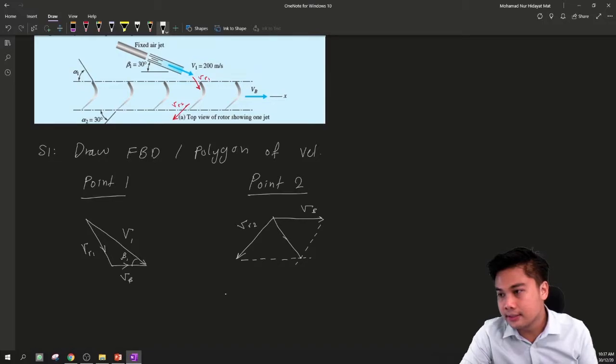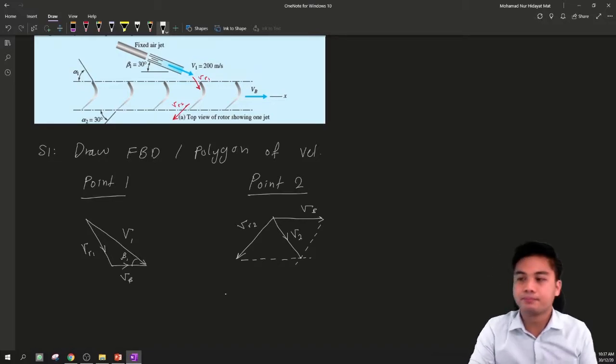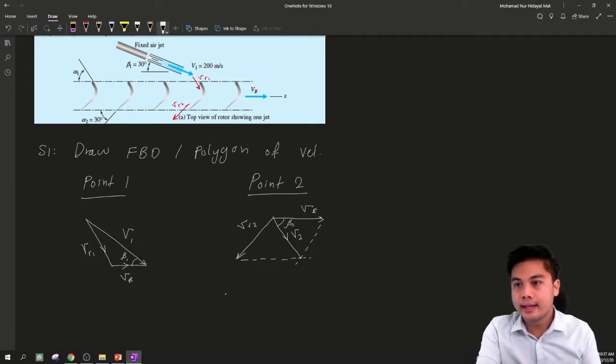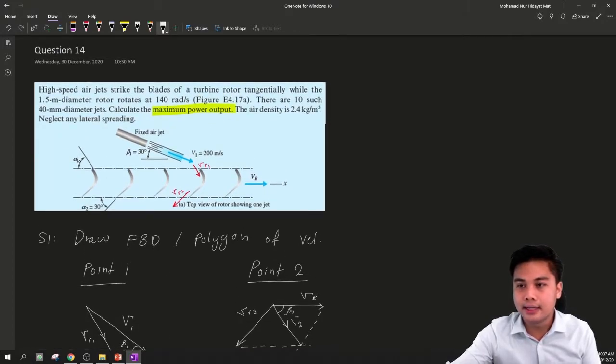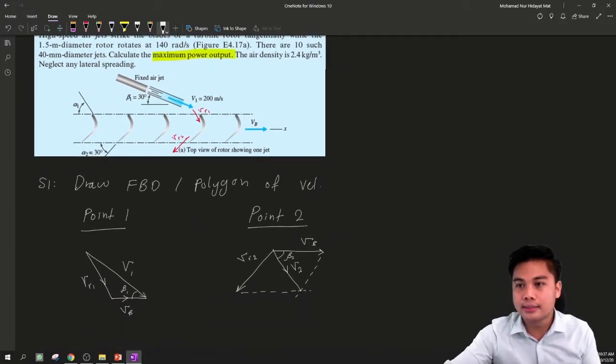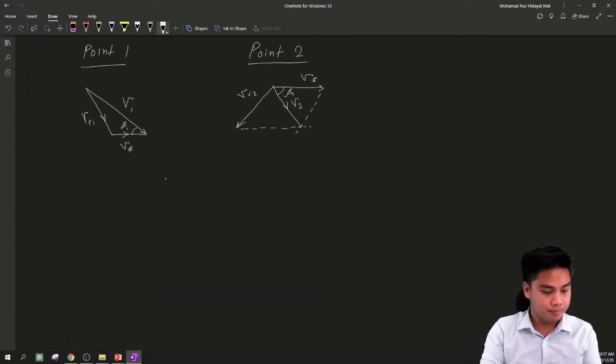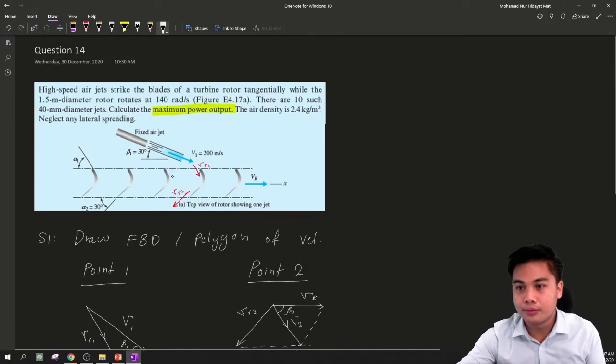So this is V2. The angle of V2 from here we call beta 2. And we must know that the angle of the vane inlet is alpha 1 and the vane outlet is alpha 2.